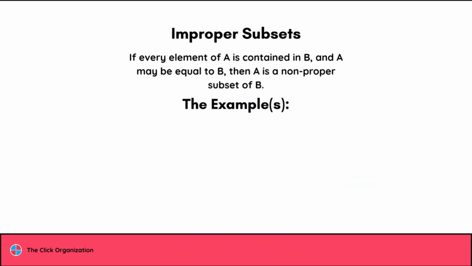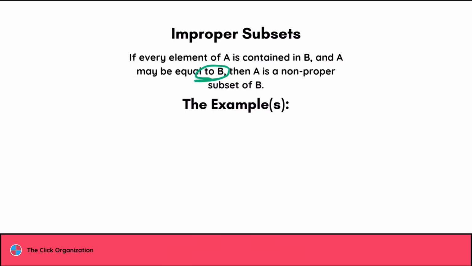Let's lock this understanding up by studying improper subsets. So improper subsets refer to when all the elements of A are contained in B and A may be equal to B. So the elements are the same, right?